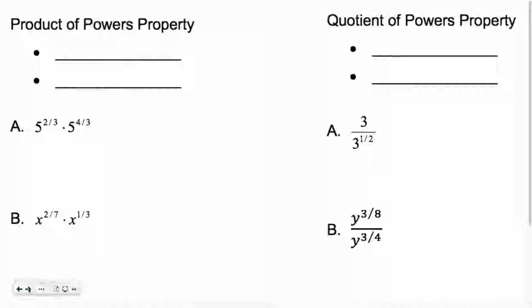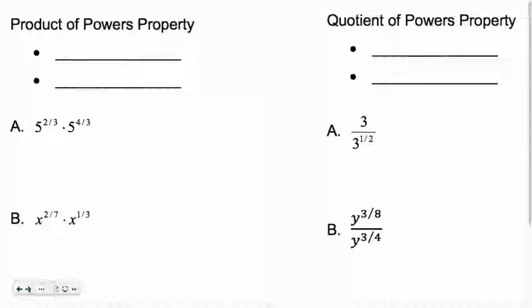Okay, let's look at the examples. The product of powers and the quotient of powers are very similar. When we talk about a product of powers, we now know powers are the bases and the exponents together, and a product implies what? Multiplication. So look at the two examples.